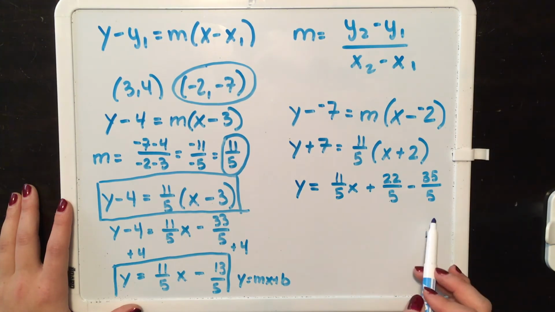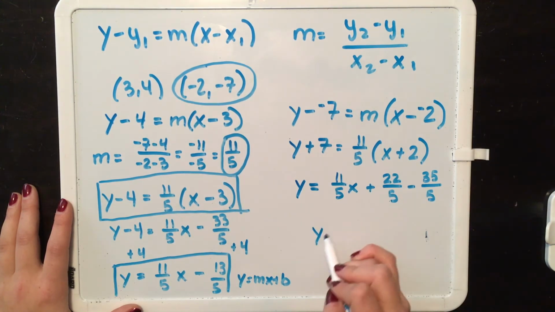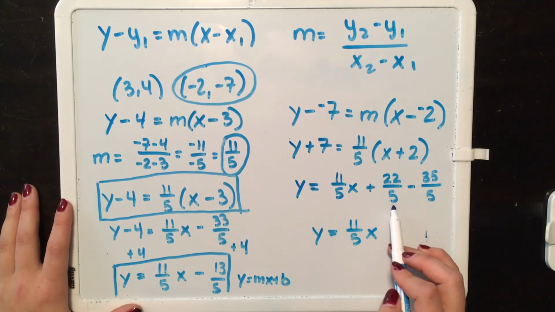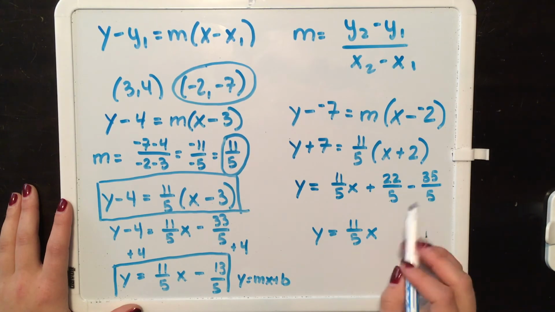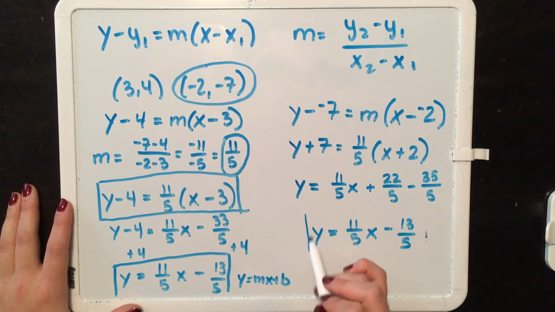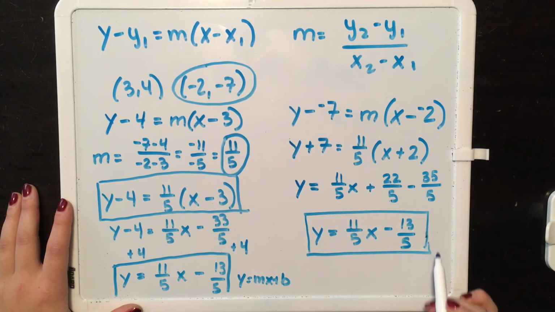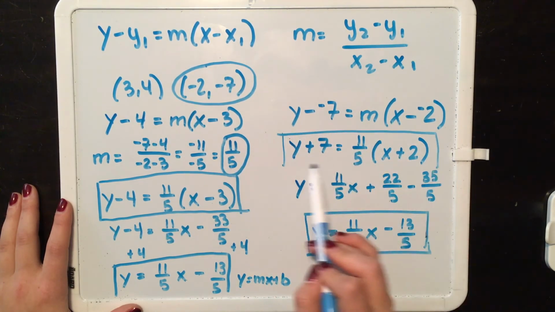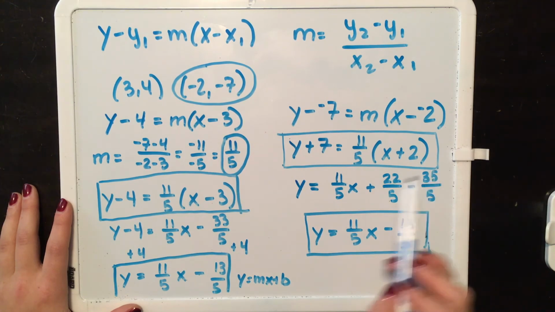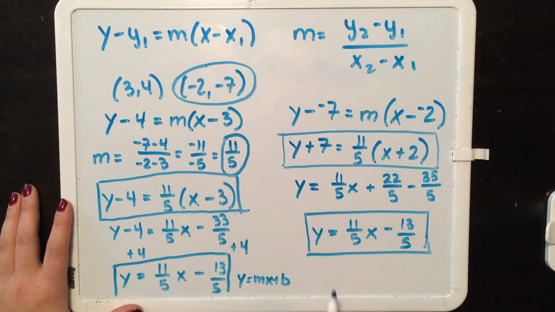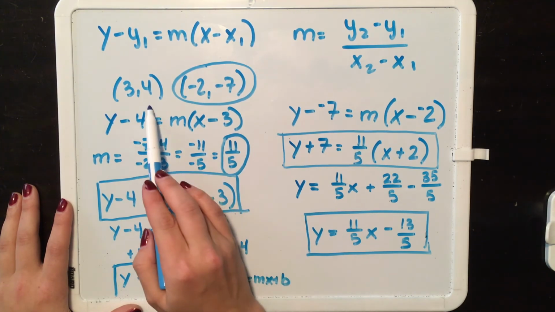And when you do the addition of these two fractions, y equals 11 over 5 x, 22 over 5 minus 35 over 5 is -13 over 5. And notice we got the exact same slope-intercept form of the line. So this point-slope version, even though it looks a little different than this one, they are in fact equivalent, and they are the equation of the same line connecting these 2 points.